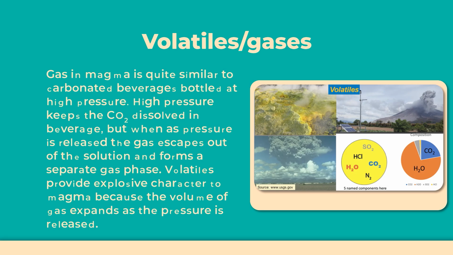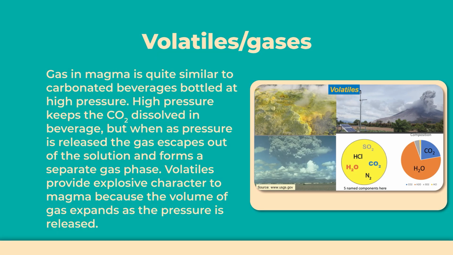Like when you open a cold drink bottle, the gas in the magma is similar to carbonated beverages bottled at higher pressure. As soon as the cork is opened, the pressure lowers and carbon dioxide dissolved in the beverage is released. Okay? So I hope you understand this concept.